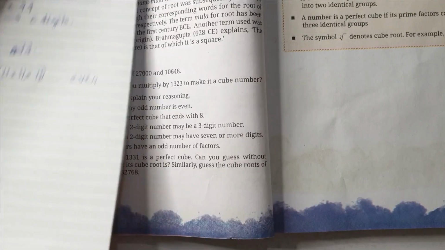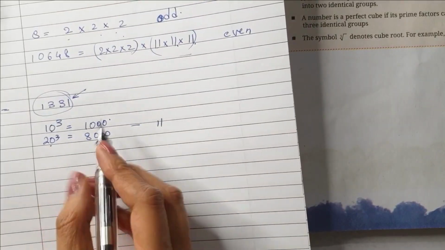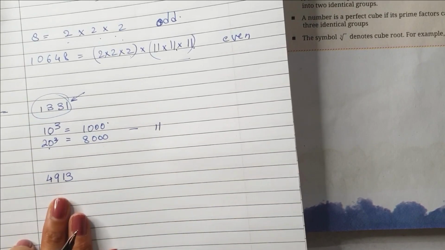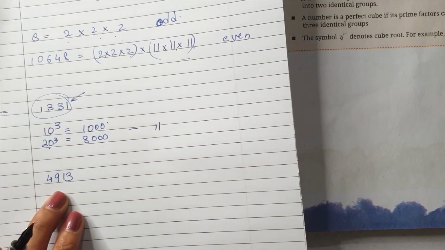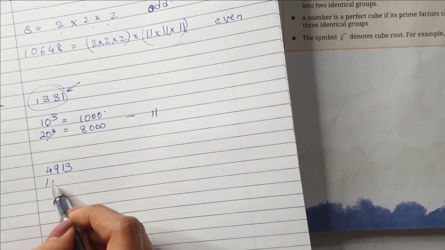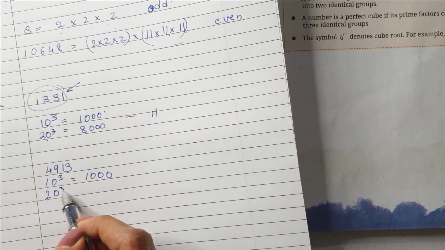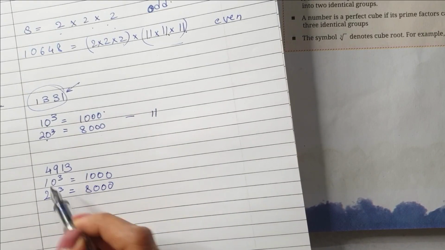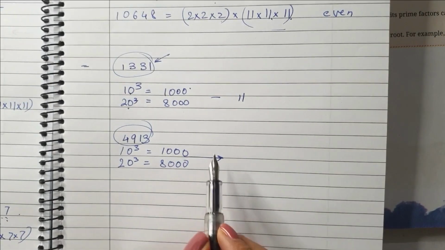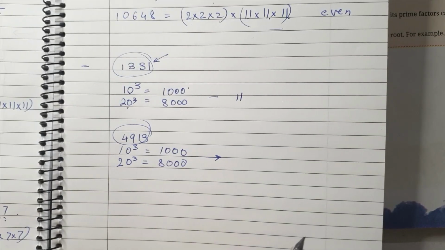Let's try again. The next one is 4913. So 4913, if we know that it is a perfect cube, right? So once again, we know that 10 cube is this and 20 cube is this, which means this also falls somewhere between these two. We know that the cube of 7 ends with 3, right?